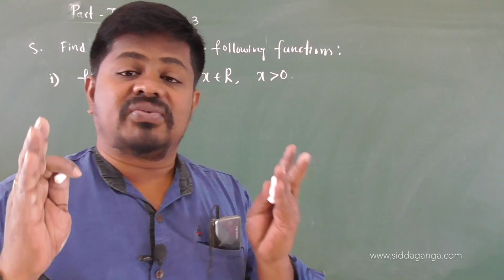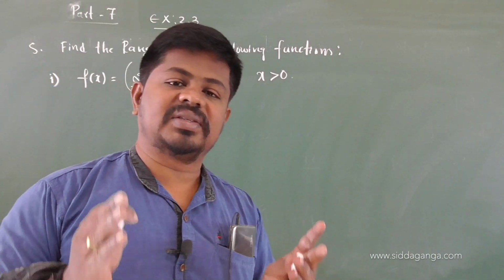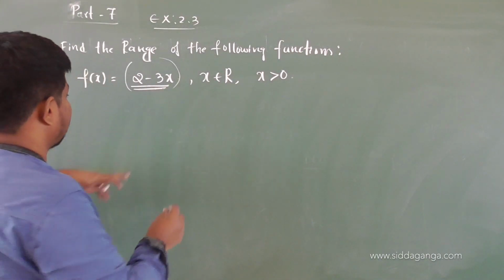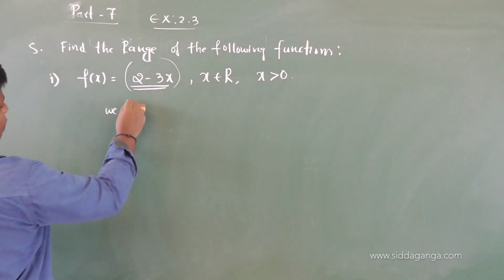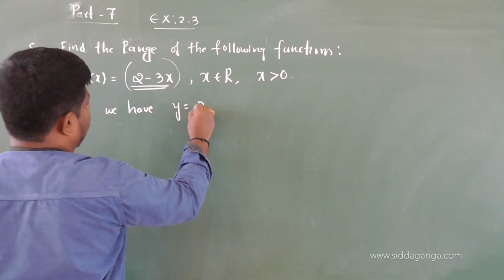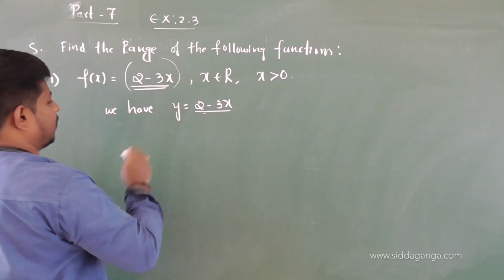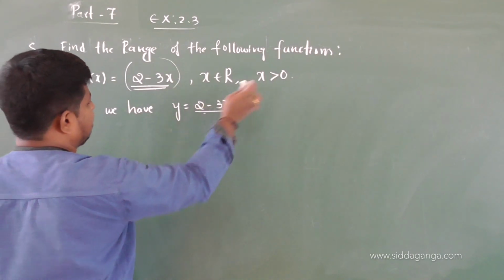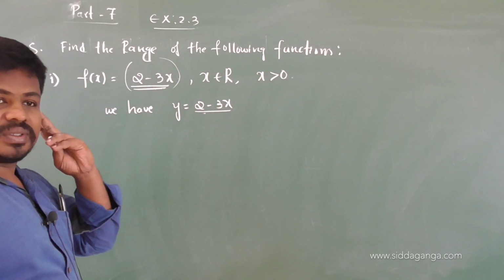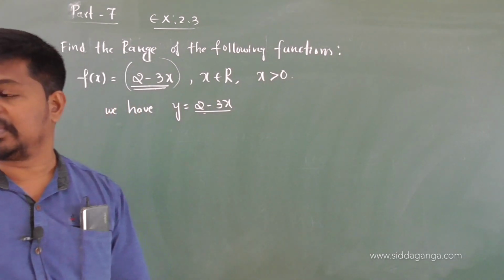In case of y is equal to f of x, you are finding the values of y. So y is equal to 2 minus 3x. We have to find what the values of y are when the domain is the set of all positive real numbers.